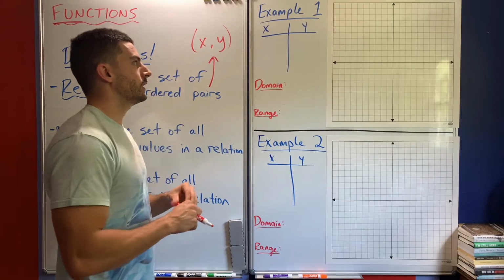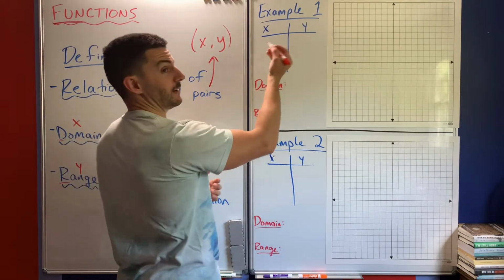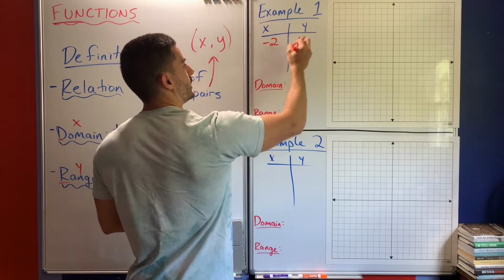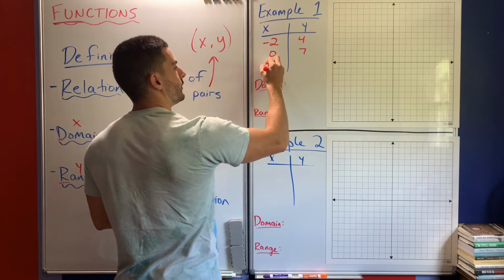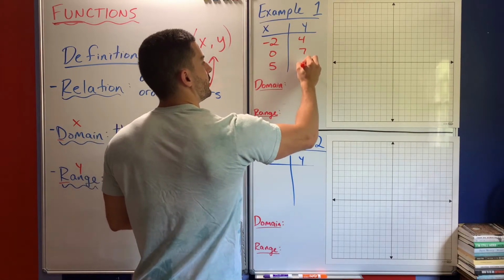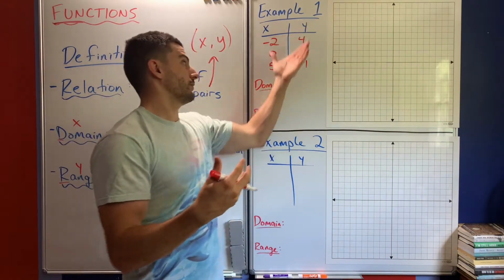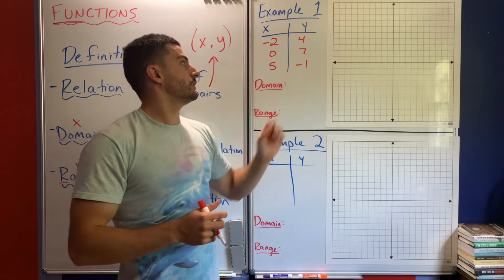So example one, if I just have a random relation, like I'm just going to make these numbers up: -2 comma 4, 0 comma 7, and 5 comma -1. If I have that table of values, my x values are here, my y values are here, okay?